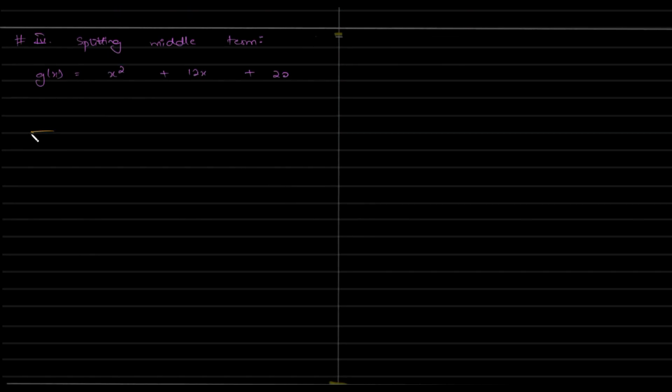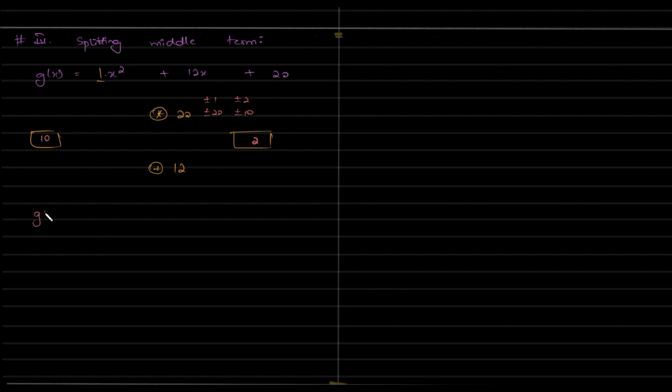We need two numbers which, when multiplied, give us 1 into 20, that is 20, and when added give us 12. So for that we write the factors of 20: plus or minus 1, plus or minus 20, plus or minus 2, plus or minus 10. I think we found the numbers. Both have to be positive because this is positive and that is also positive. So 10 into 2 is 20, 10 plus 2 is 12.